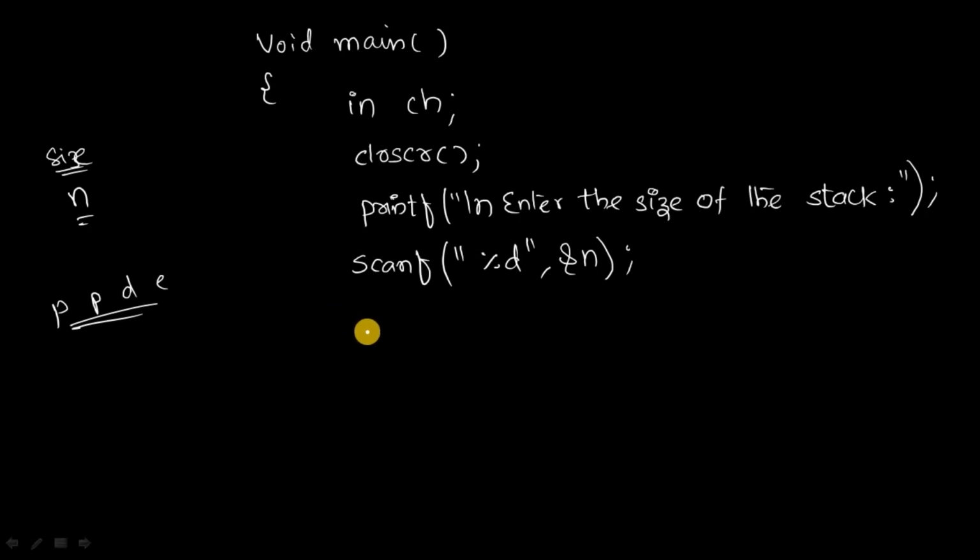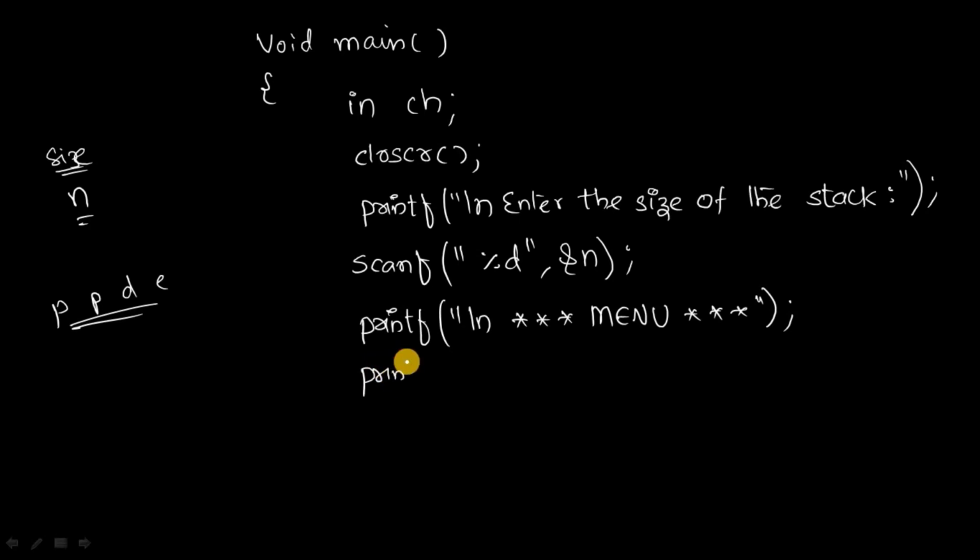So write a printf for that, printf in a new line, so write the menu, and in the next printf you mention all the operations. First operation is push, second operation is pop, third operation is display and fourth operation is exit.